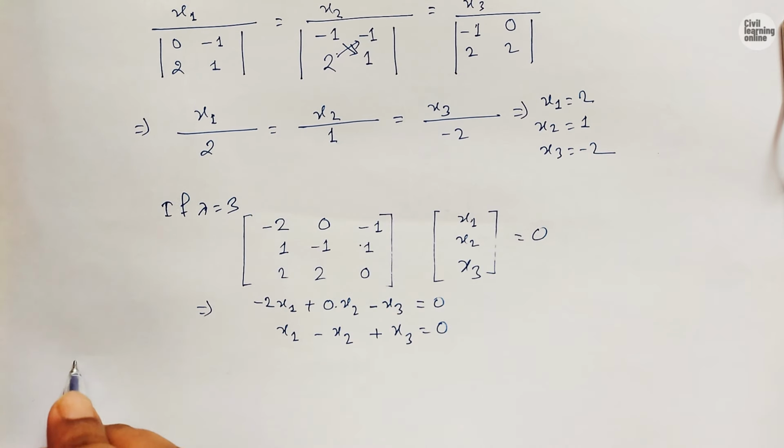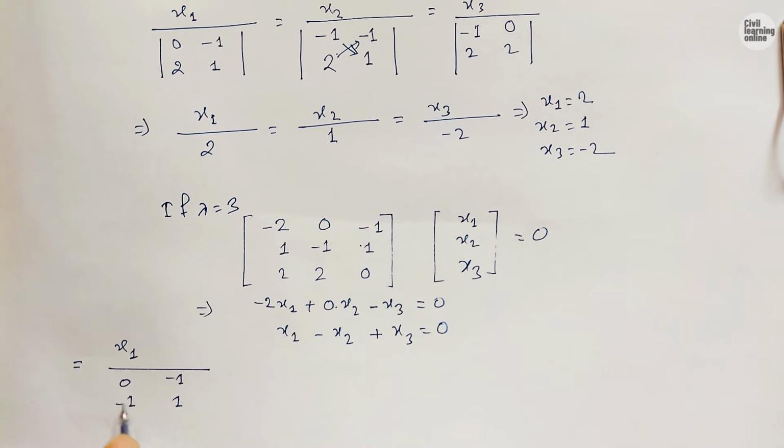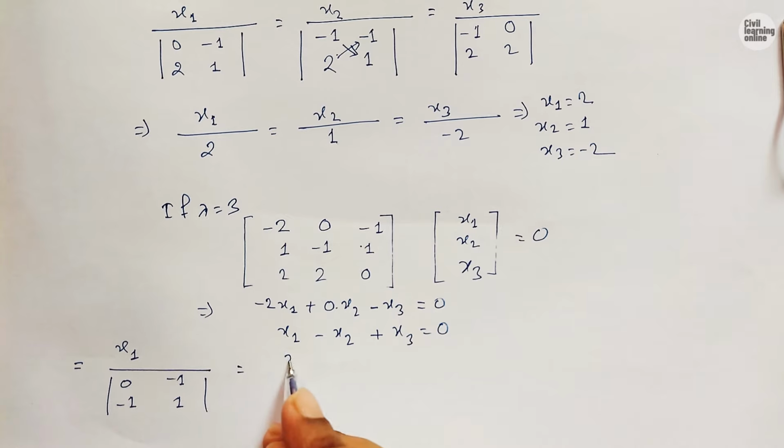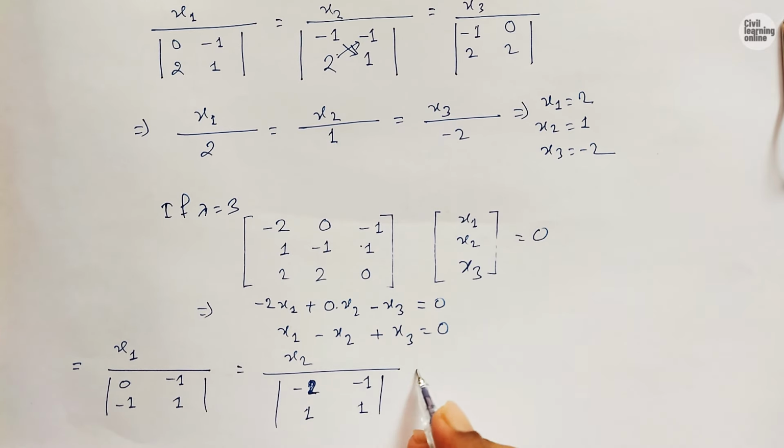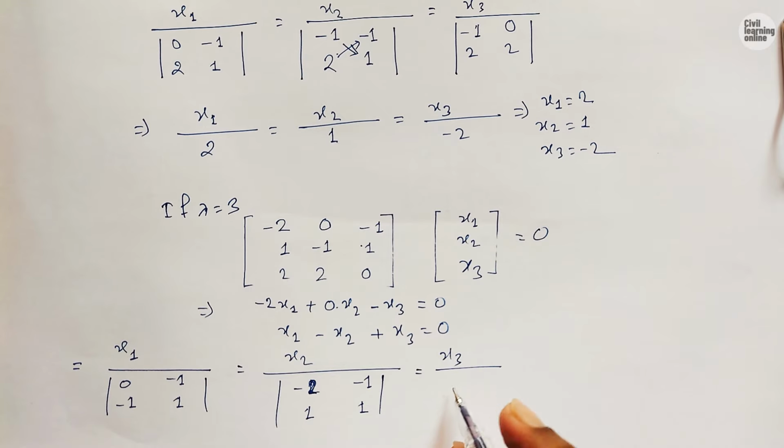See what we will have here, x1 upon, cover x1, we will have 0 minus 1, minus 1 1, equals x2 upon minus 2 minus 1, 1 1, equals x3 upon minus 2 0, 1 minus 1.